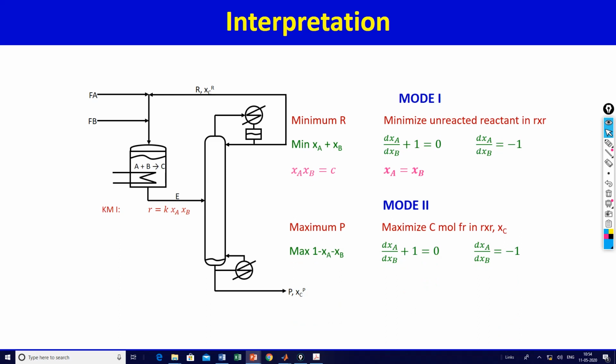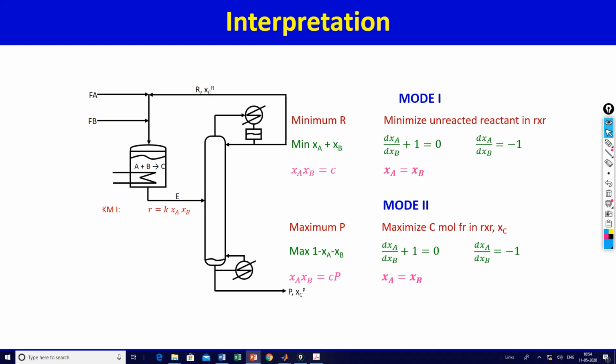And you recover back this condition, and then xA times xB must be proportional to the production rate, and if you differentiate this, you again get xA equal to xB.